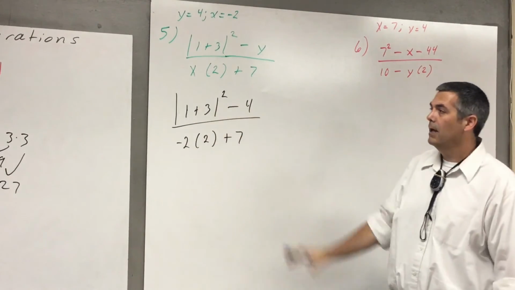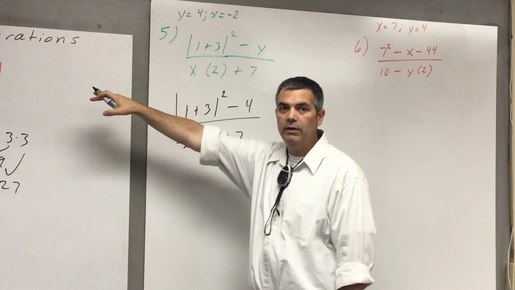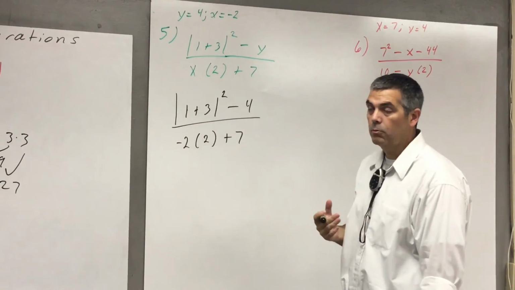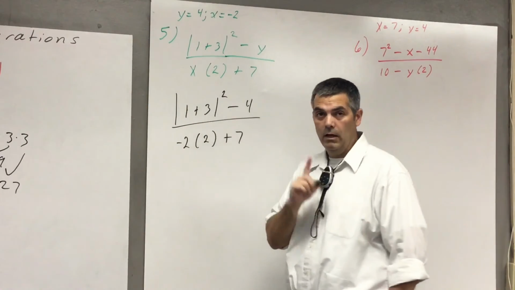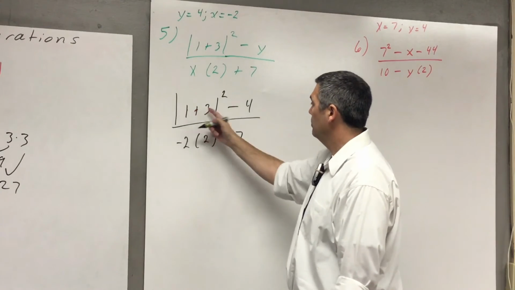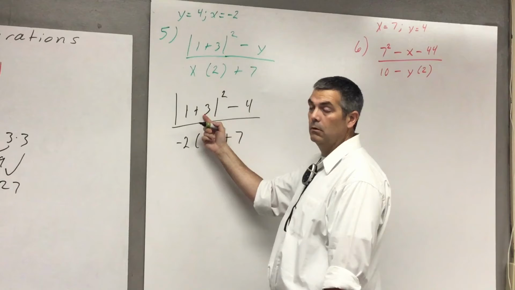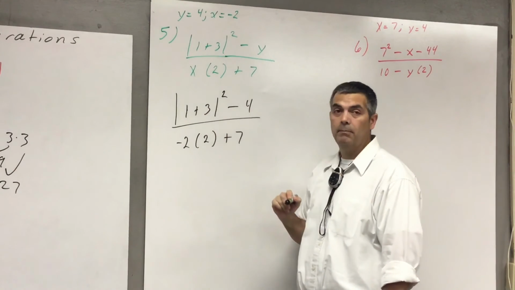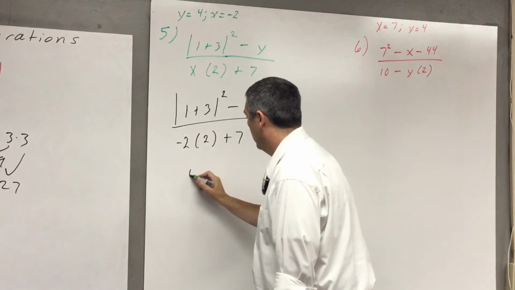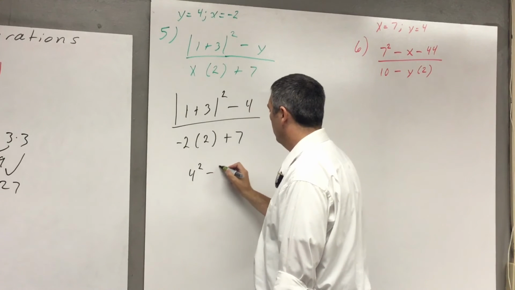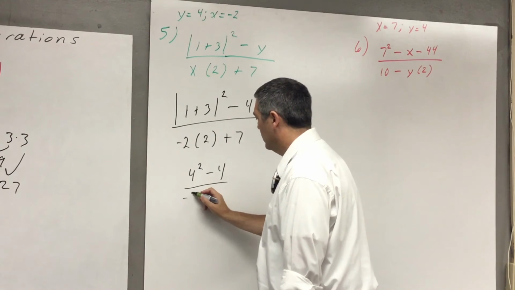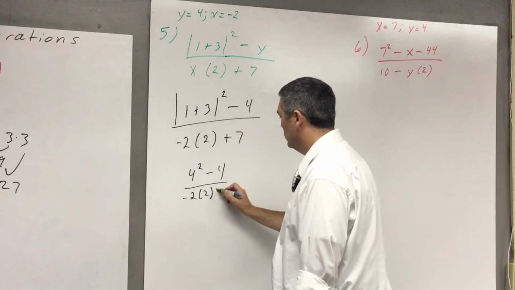Now I have my problem. Now I'm back to just like we had over here, and all we have to do is work this problem. So, grouping first, 1 plus 3 is 4. So I have the absolute value of 4 raised to the second power. So, 4 to the second power minus 4 over negative 2 times 2 plus 7.